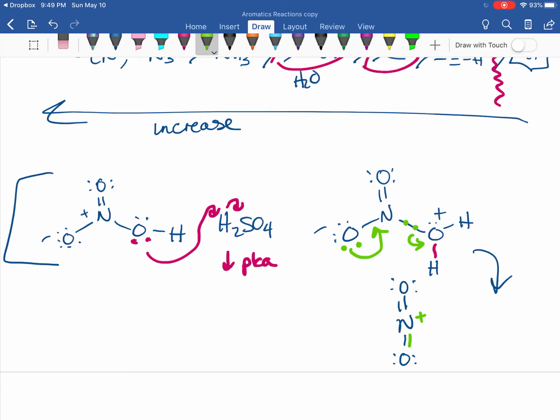This is legitimately a positive. This is an actual nitrogen cation. That is not a formal charge. Up here you've got a positive and negative balancing each other in that structure. That's a formal charge. This is an actual charge on nitrogen.